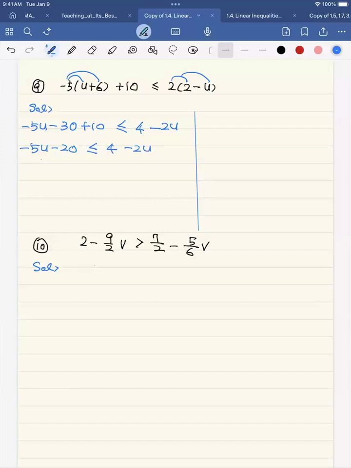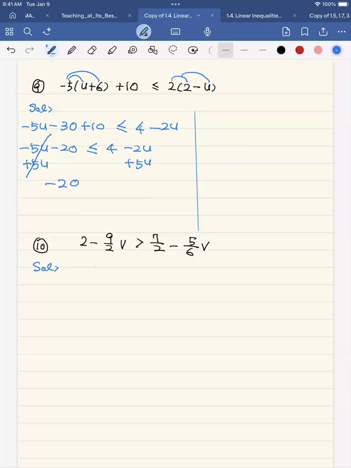Let's add 5u on both sides to make the number in front of u positive for better calculation. So then left side negative 5u will disappear.